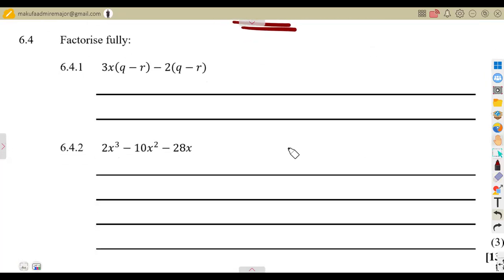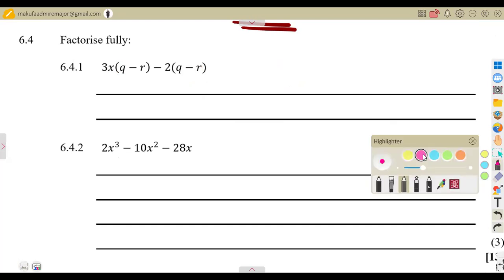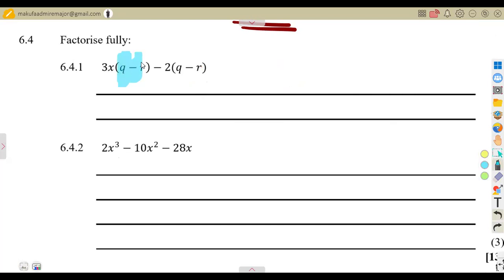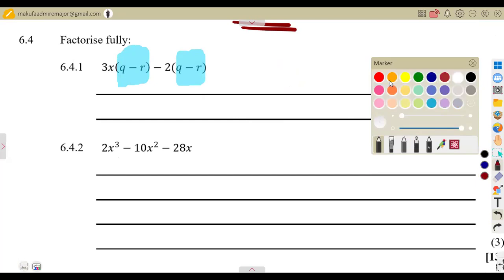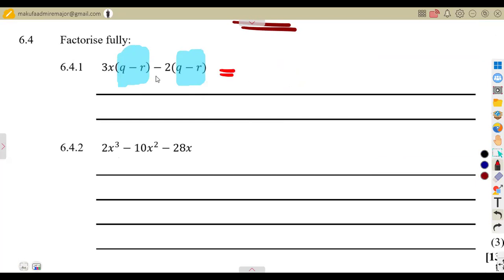6.4, factorize fully. So what is it that you're given? There is a bracket which is common between these two, the q minus r. Q minus r is common in this part and also in this term. So what is it that you're going to do? You simply factor out the common bracket, q minus r. If we remove this bracket, what are you going to remain with here?